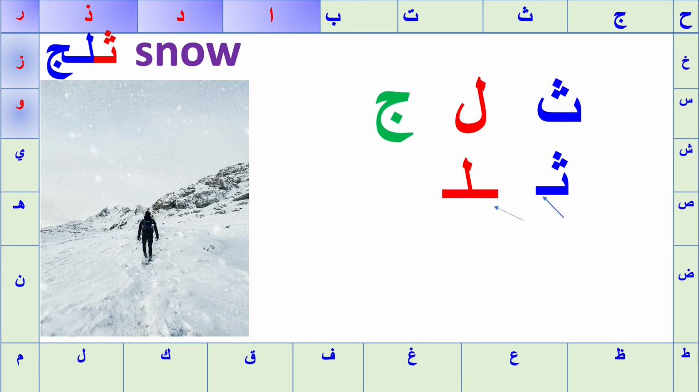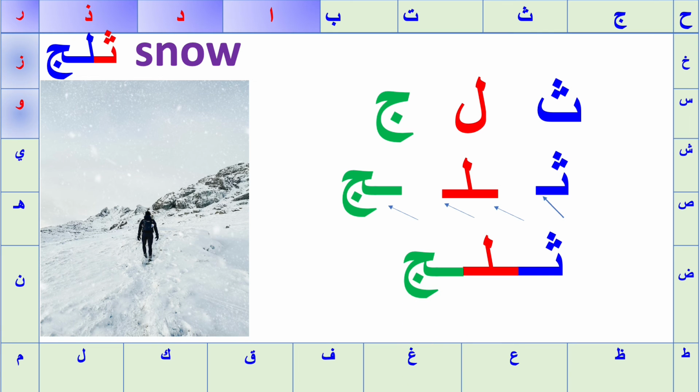The l can connect with both the letter to the right and the letter to the left, so it's extended both ways. Finally, this is the shape of the letter jeem in the final position, thalj. They come closer to form the word thalj.